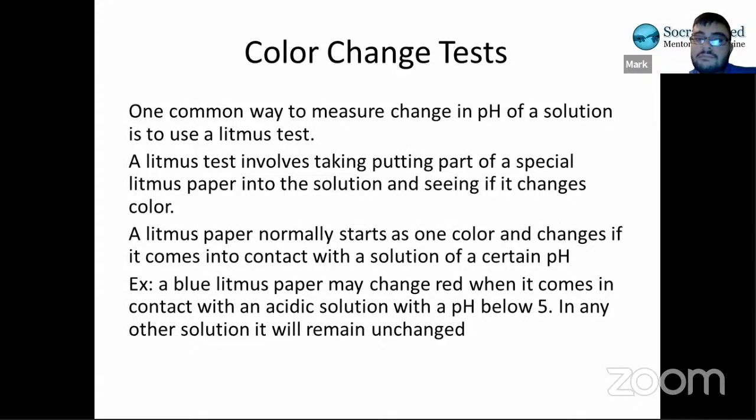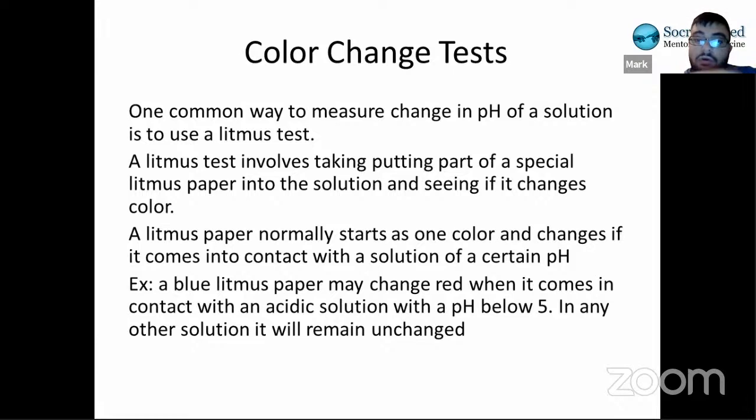One common way is to use a litmus test. A litmus test involves taking part of a special litmus paper, so it's literally like a scrap of small paper, and it puts it into the solution, and if the paper actually changes color, that indicates what pH it is at.